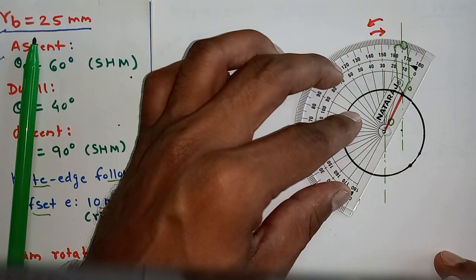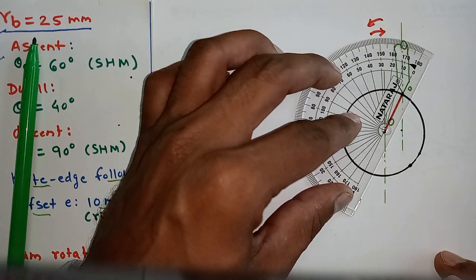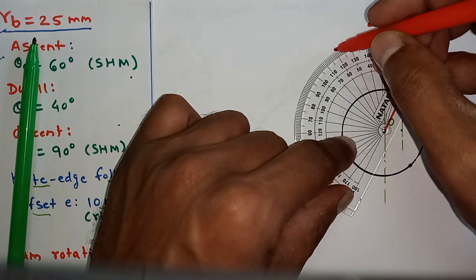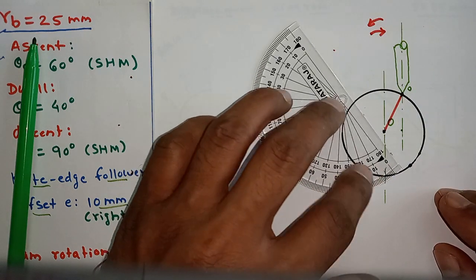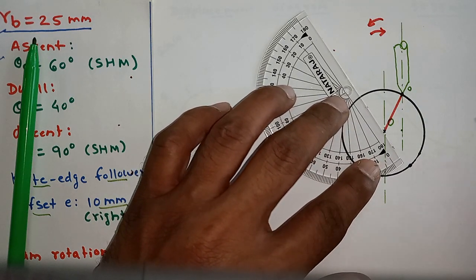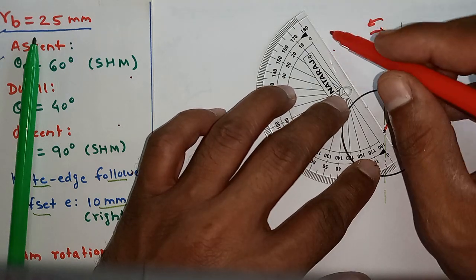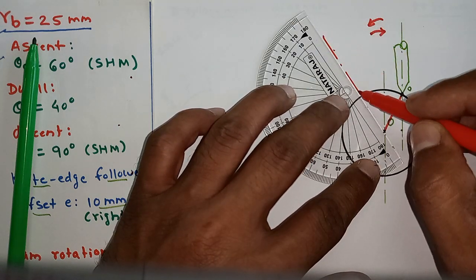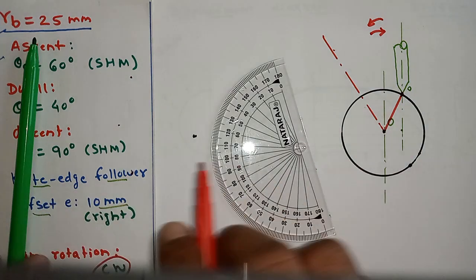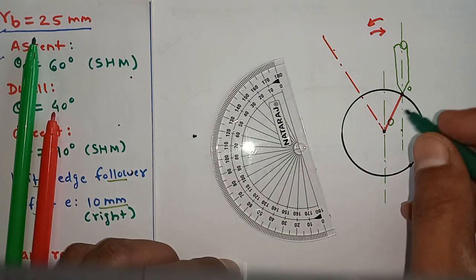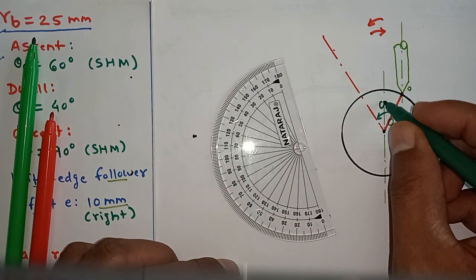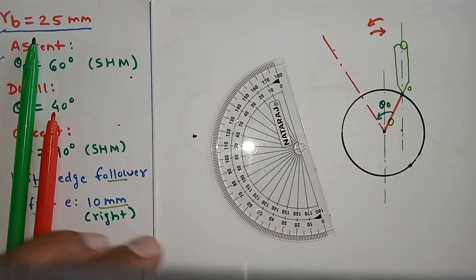This is my reference line for plotting angles. First is outstroke with 60 degrees. So this will be my division line for outstroke. This is theta O of 60 degrees.